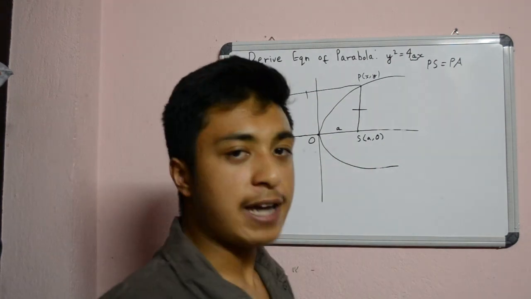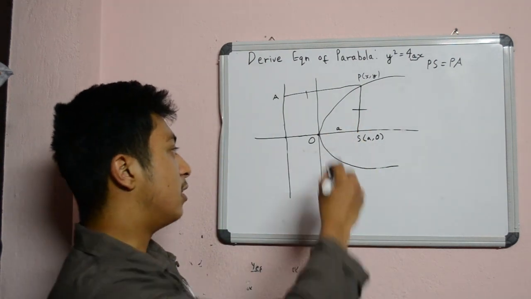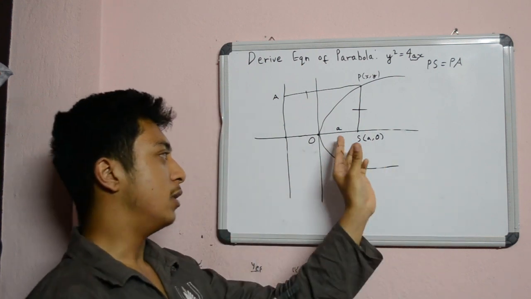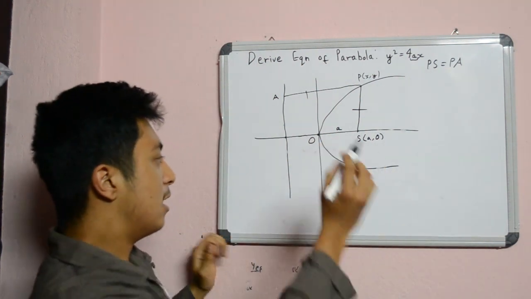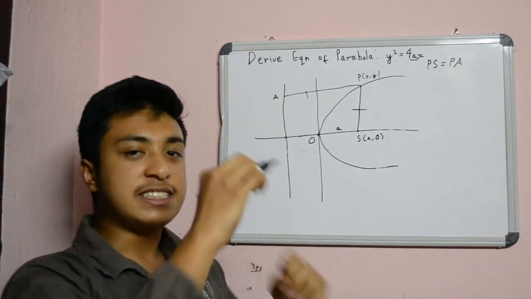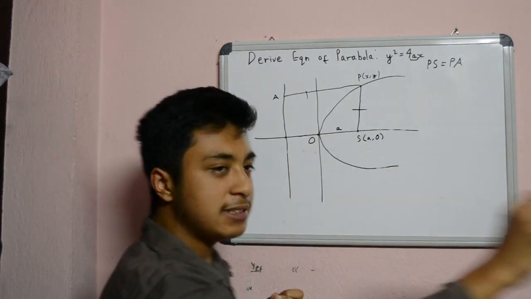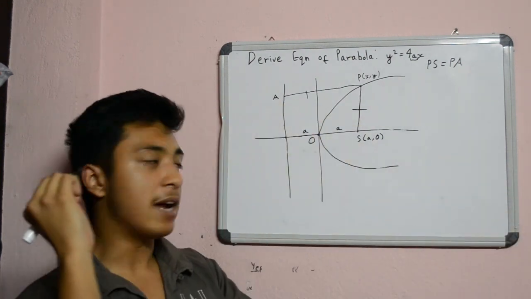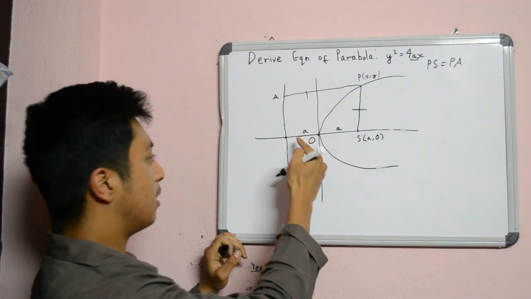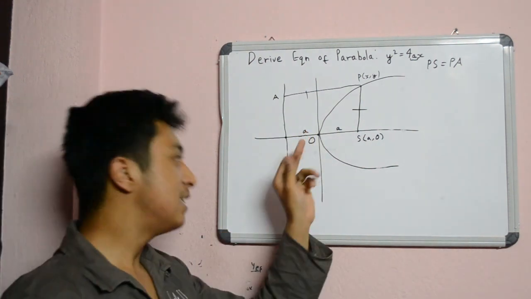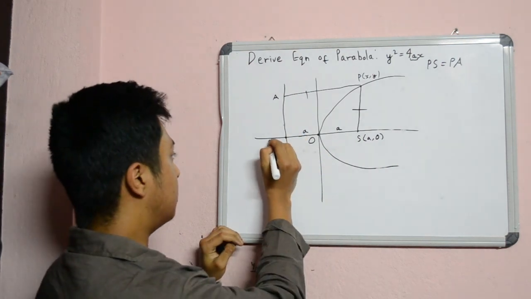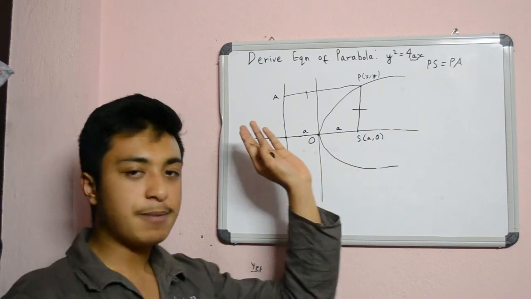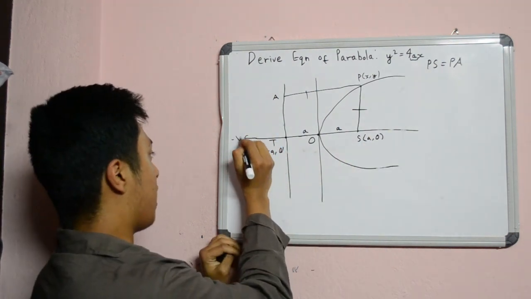Another fact about a parabola is that the directrix lies in the equal but opposite direction to that where the focus lies. Meaning, if we have traveled distance a from O to S, in the same manner we travel distance a from the origin but in the opposite direction. Here, this distance will also be a, and let's call this point T. This will be minus a comma 0, because it lies on the negative x-axis.